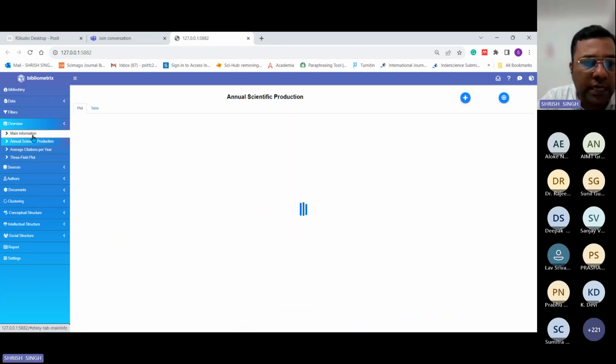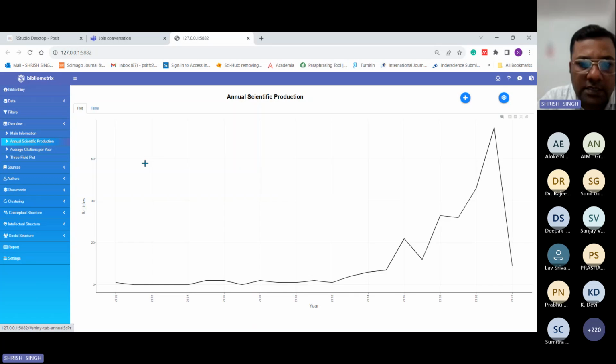I've already shown you that the main information will be in the form of a table, where all the important data will be there, such as the time span of your data and the articles. Now, can you see this graph?